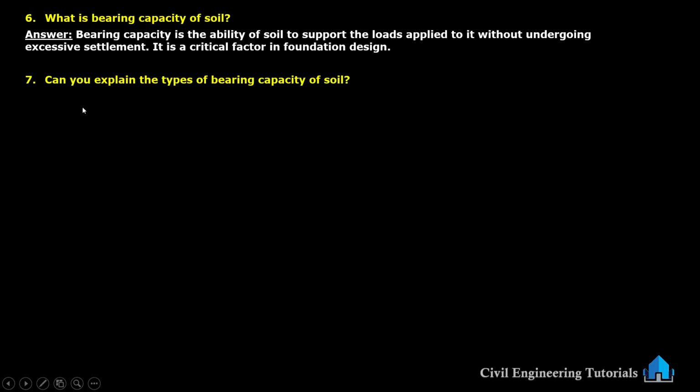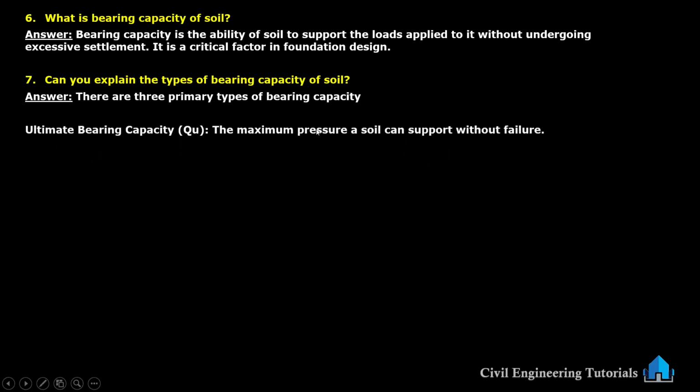Can you explain the types of bearing capacity of soil? There are three primary types of bearing capacity. First one, ultimate bearing capacity QU, the maximum pressure a soil can support without failure.